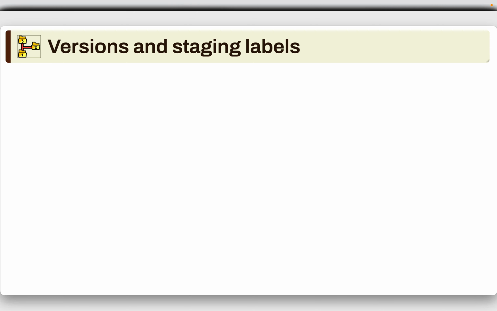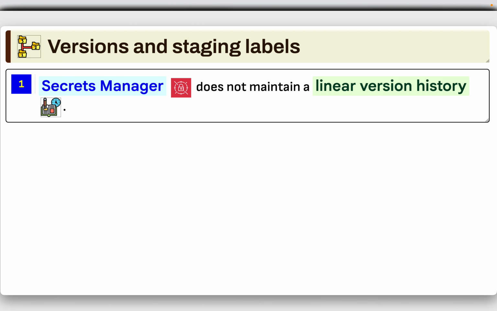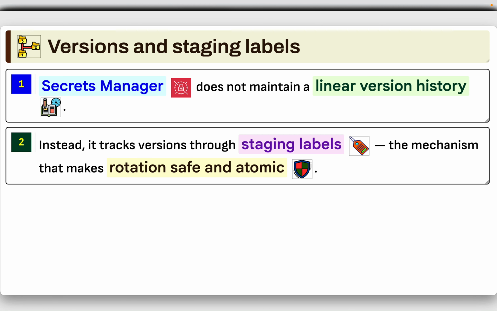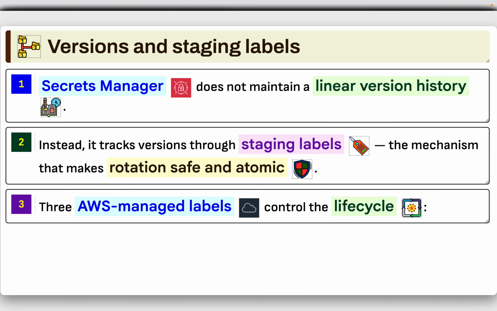Next one is versions and staging labels. So, Secrets Manager does not maintain a linear version history. Instead, it tracks versions through the staging labels, the mechanism that makes rotation safe and atomic. 3 AWS managed labels control the lifecycle.